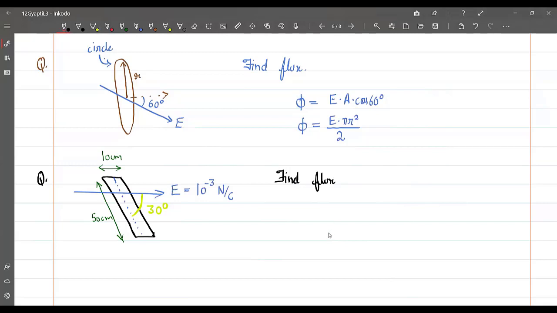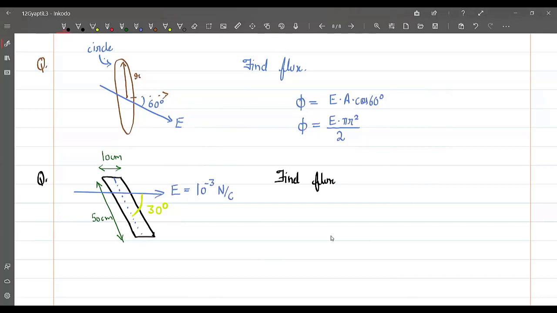Sir, we will have to convert centimeter into meter. Yes. The value of cos 30 is root 3 by 2, right?